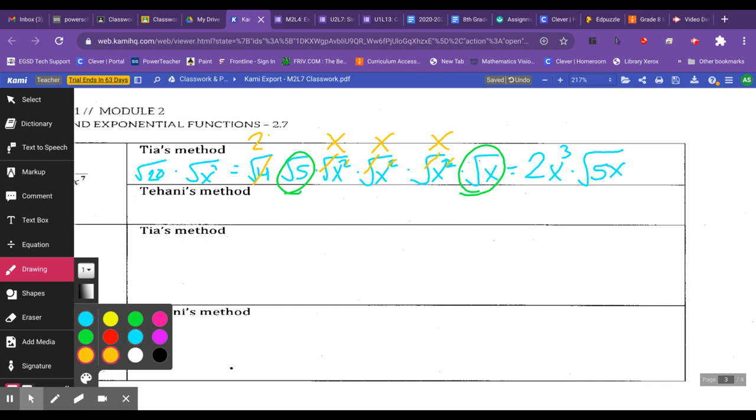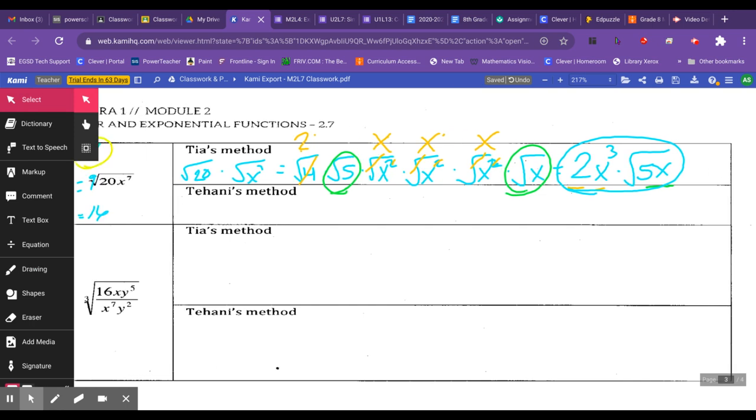So the 3 x's, x cubed, and the 2 all go in the front because we were able to simplify them without the square root. But the square root of 5 and the square root of x did not, so they stay inside. This is my final answer for the square root of 20x to the 7th power.